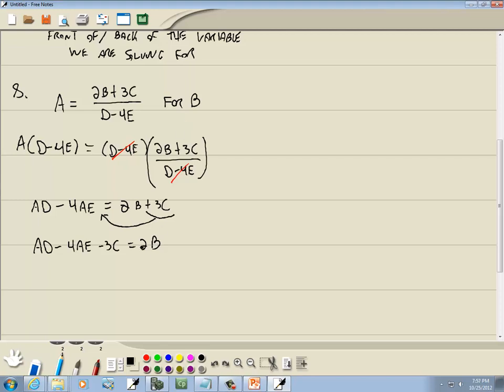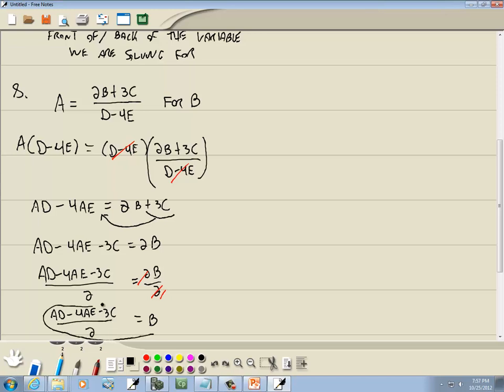Solving for B, there's a 2 in front of it, so we'll divide both sides by 2. And when we do that, those 2's cancel. And we get B is equal to AD minus 4AE minus 3C all over 2. And that's our answer.